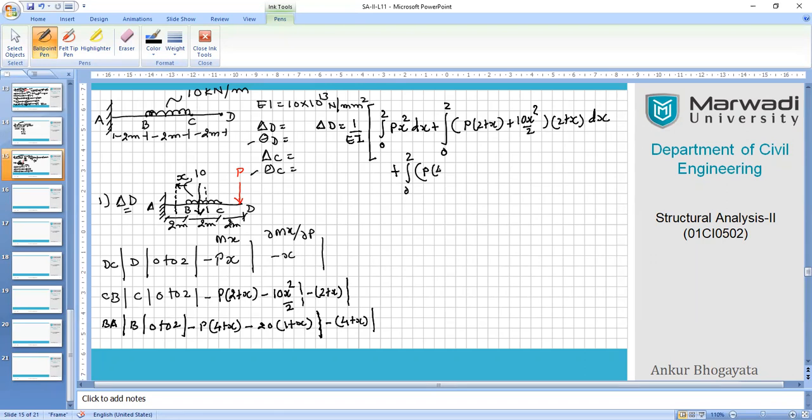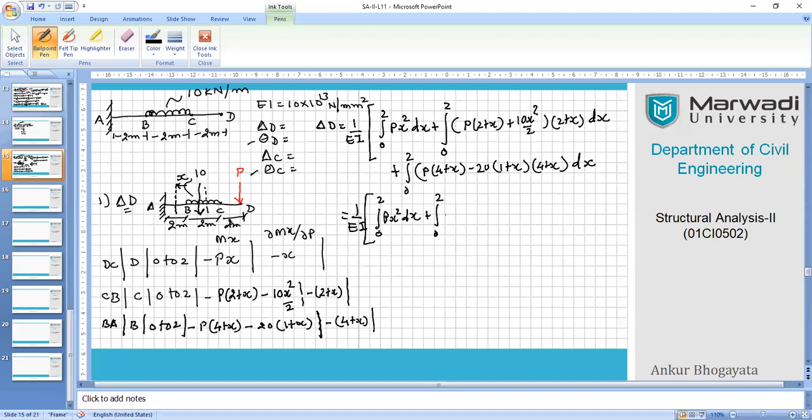So p into 4 plus x minus 20 into 1 plus x into 4 plus x dx. Well, I do have the answer, but you just first of all try to simplify this. We'll still keep it outside the overall equation. So, we'll not integrate it yet because we need to simplify these terms. 0 to 2 meters px square dx, right, plus 0 to 2 meters.